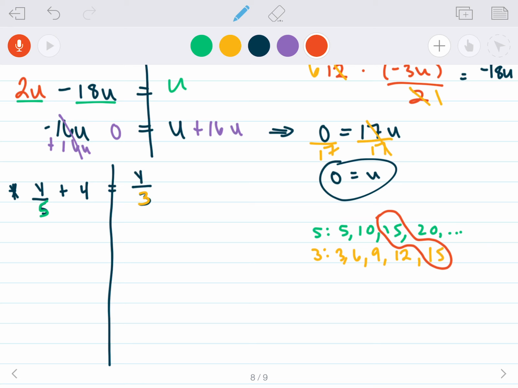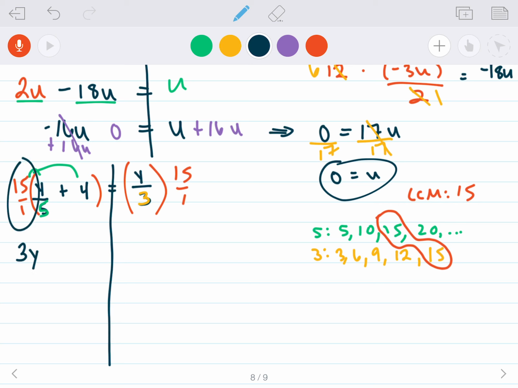So, we're going to multiply both sides of this equation by 15. So let's go ahead and do that. Multiplying both sides by 15, 15 over 1 specifically. So on the left side, we need to distribute. So 15y all over 5 is going to be 3y.